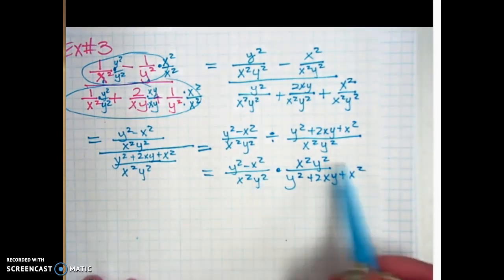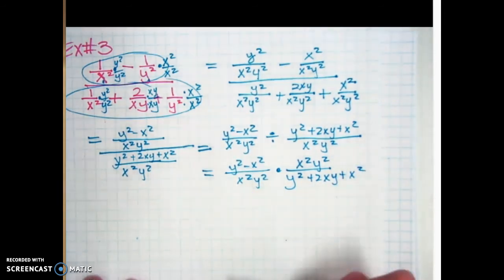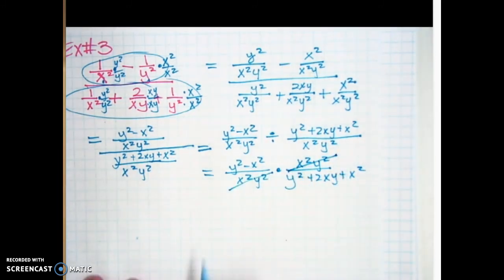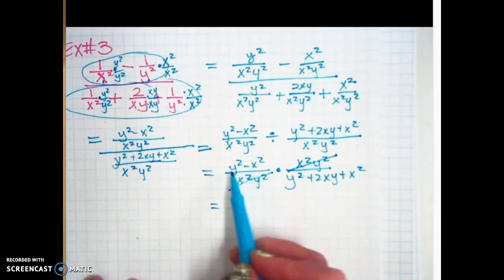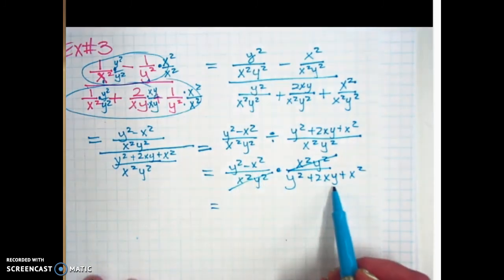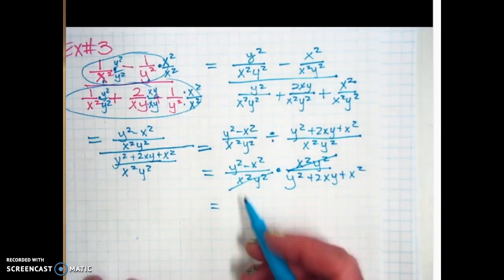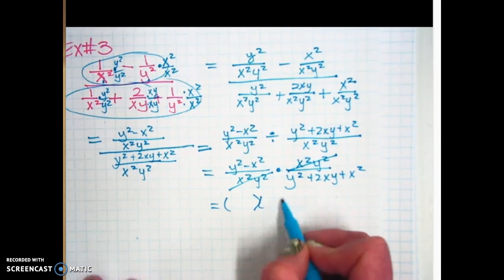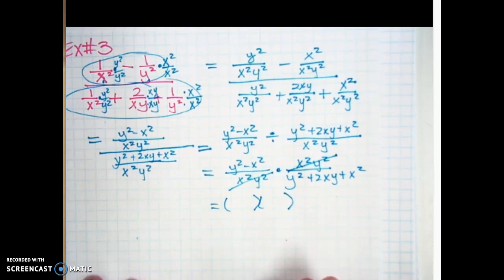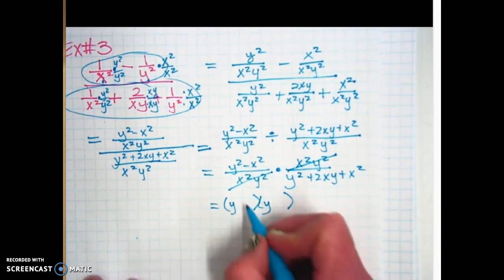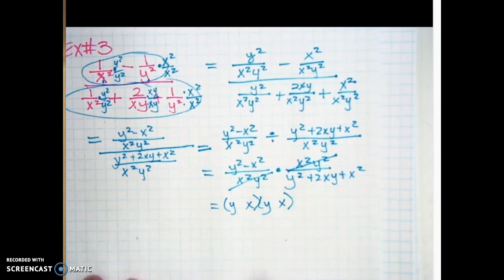Right away I can see diagonally I've got an x squared and a y squared. Nice. Gone. Gone. So all I need to do is factor this and see if anything cancels. Okay? This one's a special pattern, right? Square root of y squared is what? Y times y, right? Square root of x squared, x times x. What are the signs?